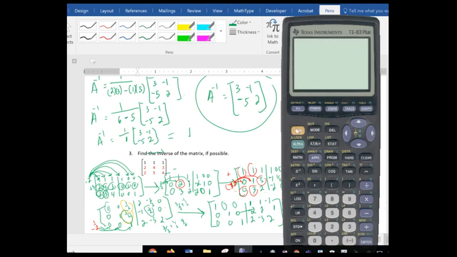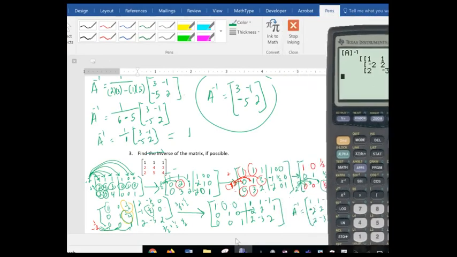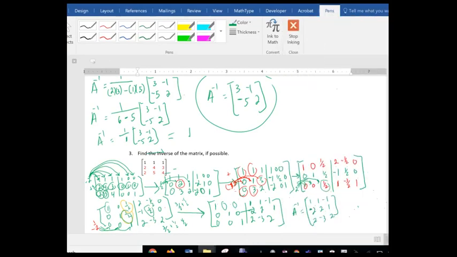Second quit. Call the matrix. And so we get 1, 1, negative 1, negative 2, 2, 1, 2, negative 3, and 2. Use the calculator, or you can use the process that I used here.